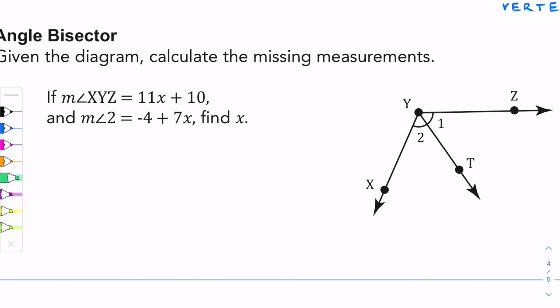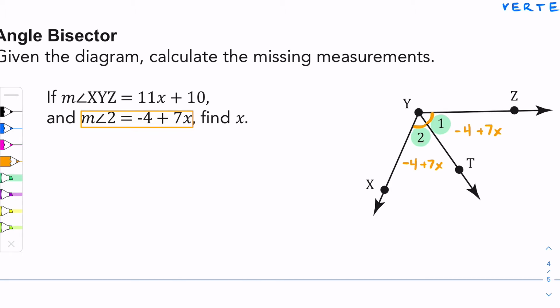A couple things to highlight on my diagram. I see from the angle arcs that angle 1 and angle 2 are congruent. So if the measure of angle 2 is equal to negative 4 plus 7x, then this arc indicates that angle 1 is also equal to negative 4 plus 7x.